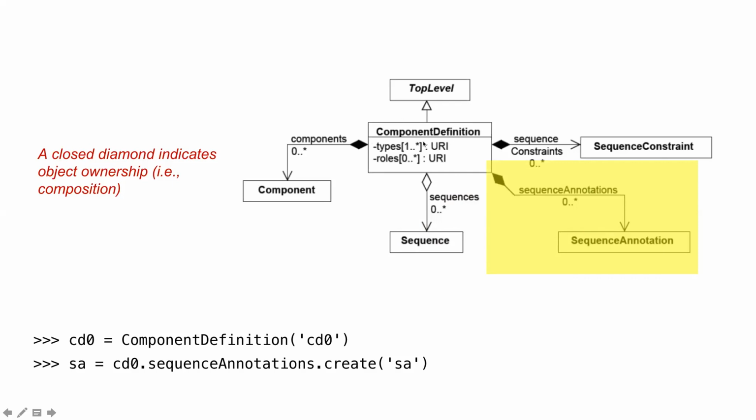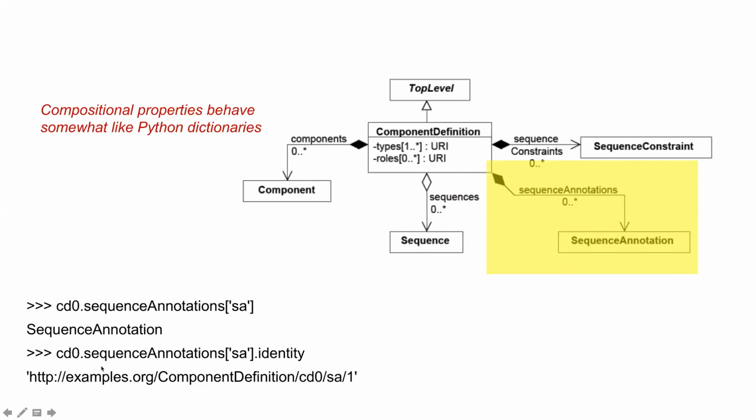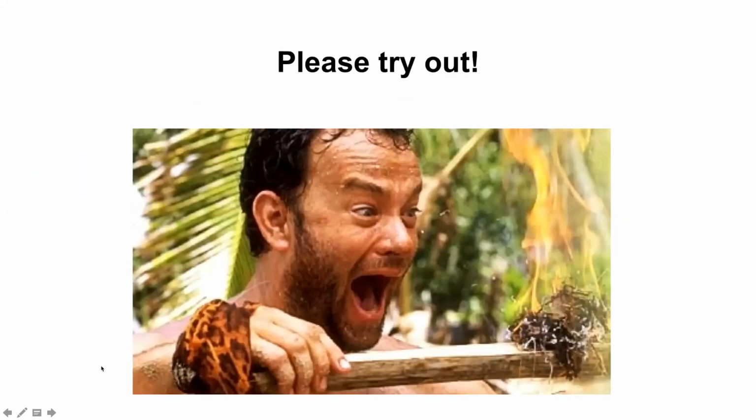So if the parent component definition gets garbage collected, so does the child sequence annotation. Here, this is creating a child sequence annotation, and it actually returns a sequence annotation object. Those are the basic patterns you need, just a basic orientation to what's going on inside the library. Any questions about that before I turn to the notebook?